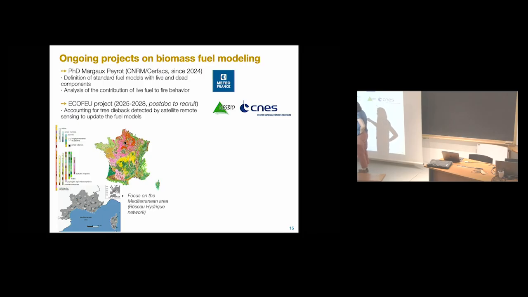And so the idea is to include the information of tree dieback to update the fuel models, the fuel properties, every year, and then to have also some seasonality, because if you have some droughts during the season, you know that the trees will lose their leaves earlier and things like that. So we work on that with CNES and CESBIO to integrate information from satellite remote sensing to improve our fuel models.